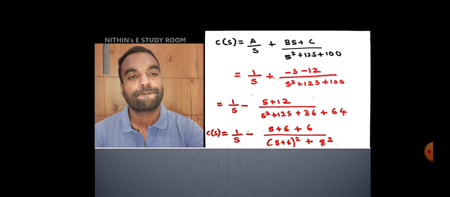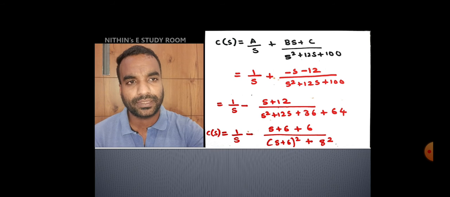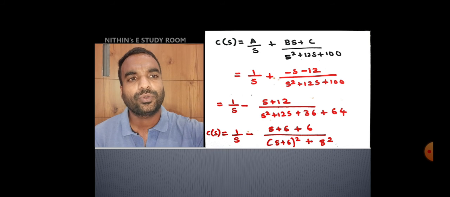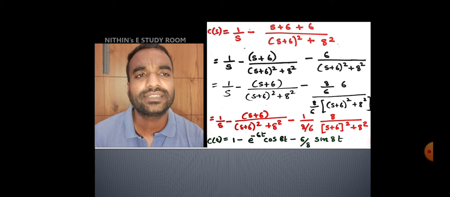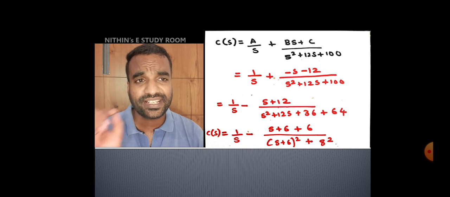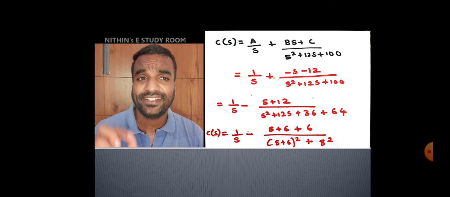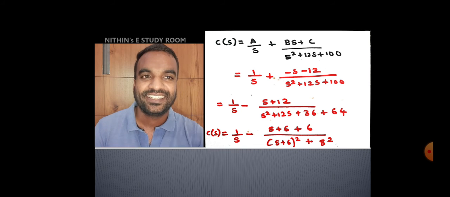So now we can say that further manipulations are needed, because you want to keep this s plus 6 here, because this is nothing but s by s square plus omega square. But it is not just s. For every s there is an s plus 6.